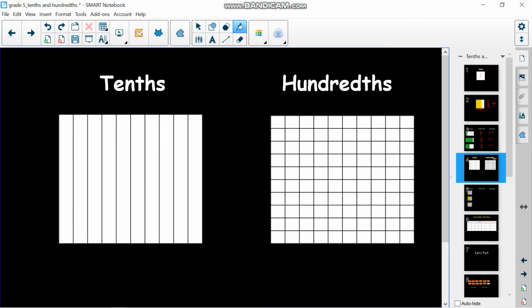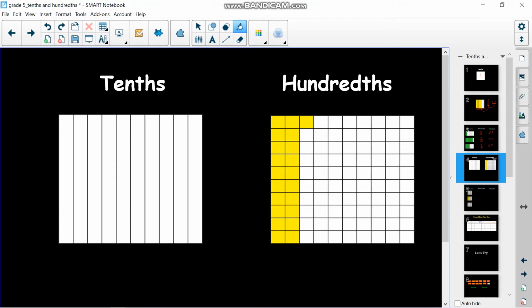So let me shade some blocks here. So now I have 21 blocks shaded.